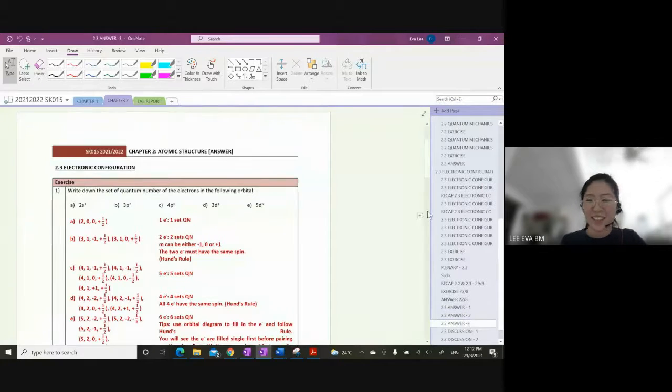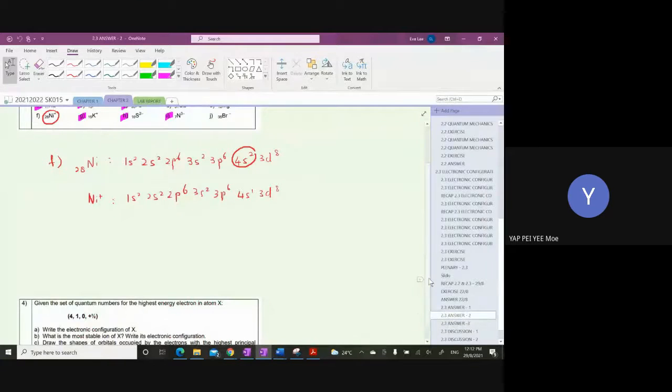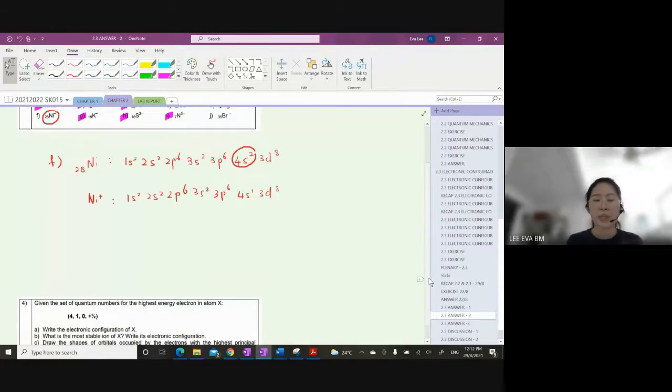Okay. So for the 4S, if I don't write number 1 above the 4S, is it accepted? You must write down the 1 because this one is not mathematics. So the 1 represents an electron. It's not like power 1 equals the original value.